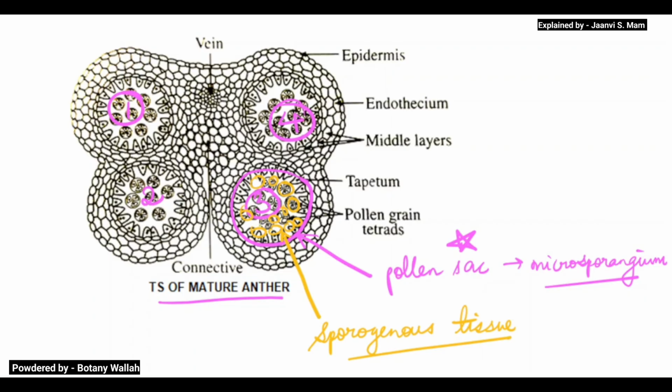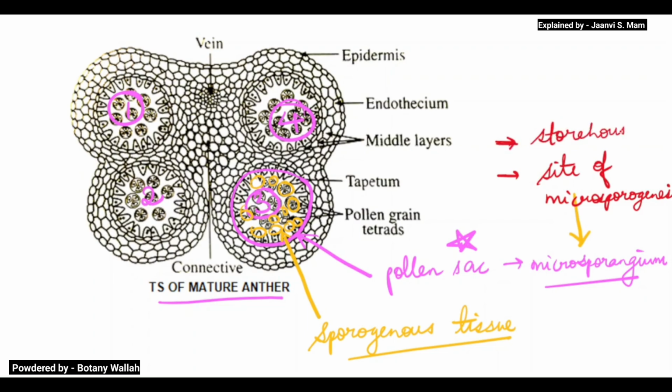So microspores will be stored in the microsporangium, and this is the site of production, the site of microsporogenesis, and also the storehouse of pollen grains. You should know this much. These points are important.